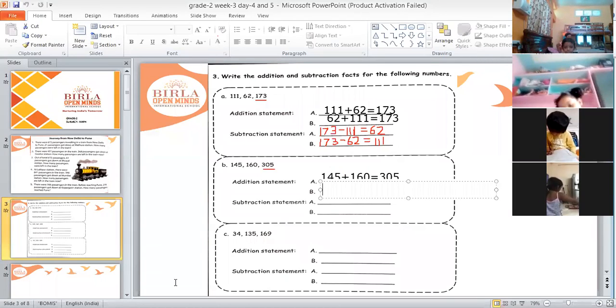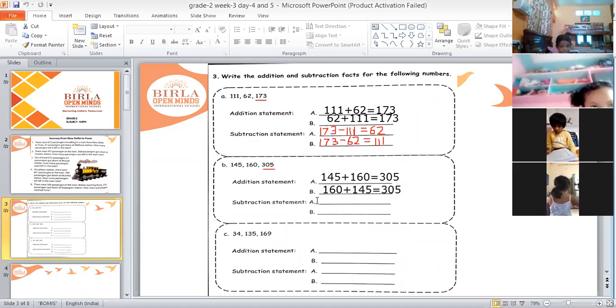We will write here 160 plus 145 equal to 305. 305 children, okay? And we won't be able to complete this today. So we will continue this same subtraction and addition fact tomorrow also.